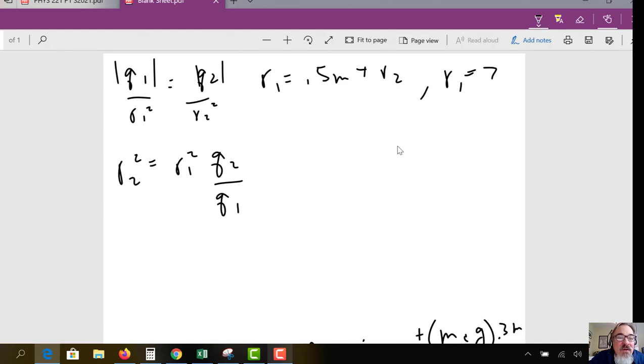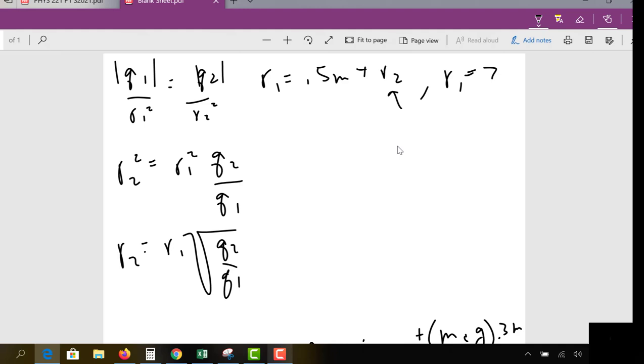Okay, so I've just done a little bit of algebra. I'm trying to eliminate R2 from this equation. So I'm going to have to solve for R2 in the first one and then plug it into the second one. Okay, I think my algebra looks okay. So then R2 is R1 times the square root of Q2 over Q1.